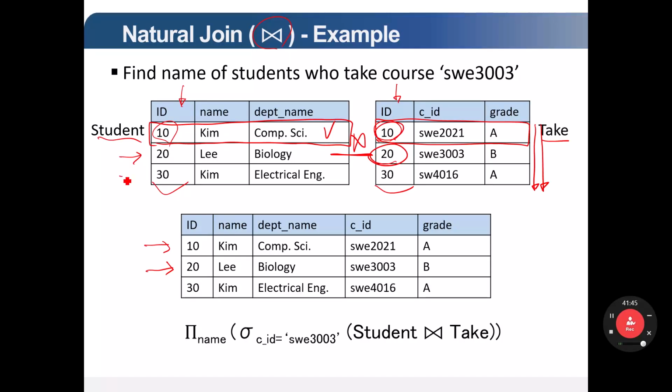Okay, we do the same for the last record. So basically this natural join operator is Cartesian product and select operator. And the filter condition of this select operator is to compare the values of common attributes.